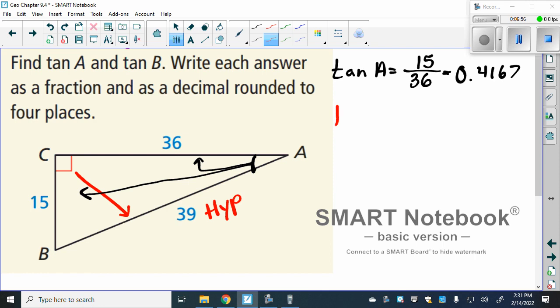All right, let's find tangent of B. For tangent of B, this angle over here, the side farthest away from it is 36, which goes on top because the opposite side is on top, over 15, the adjacent side.